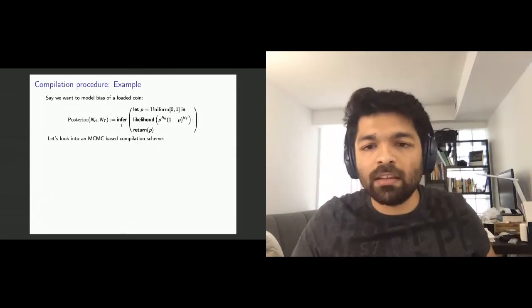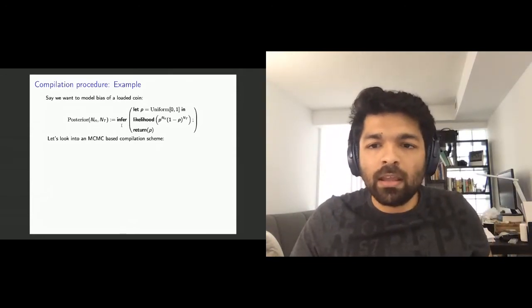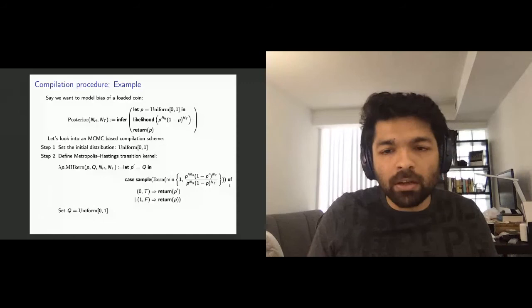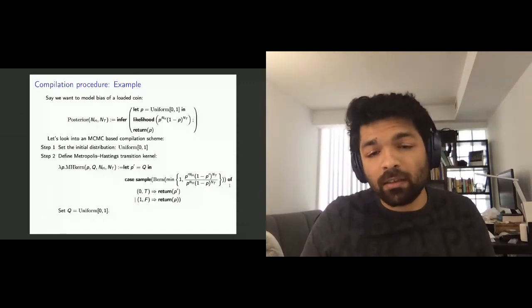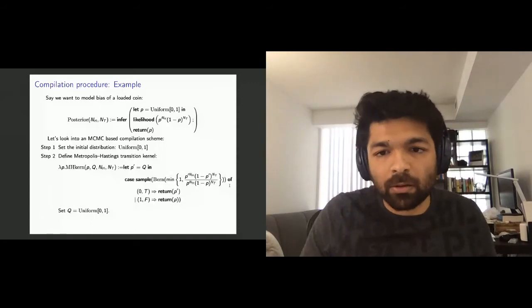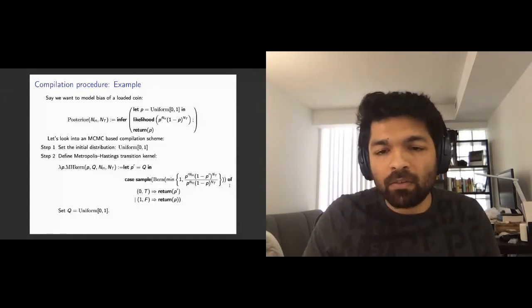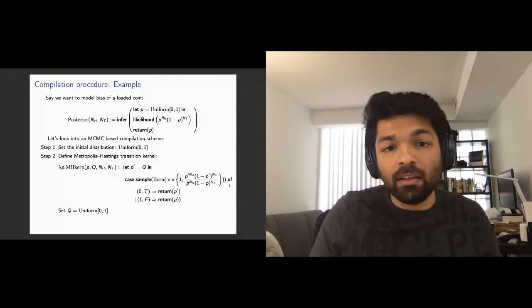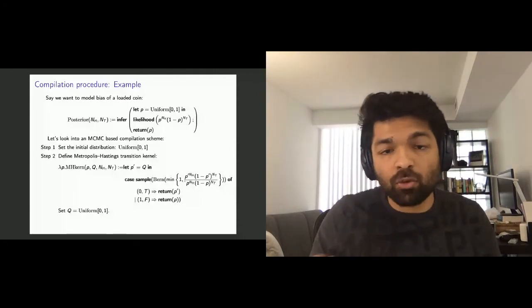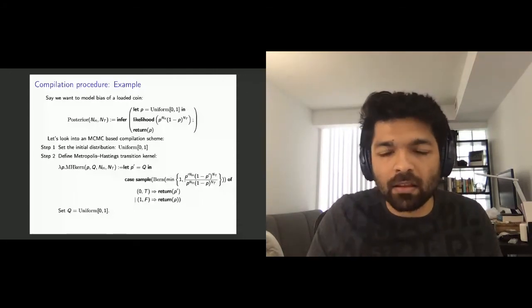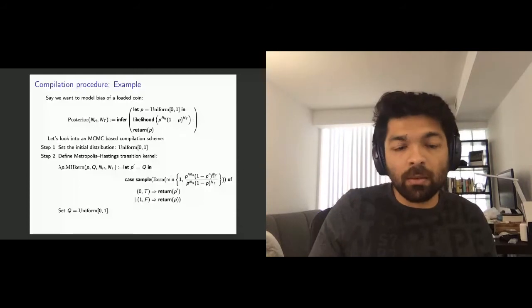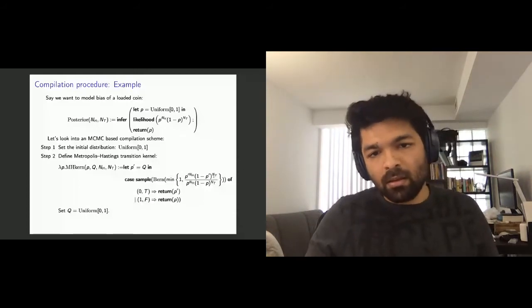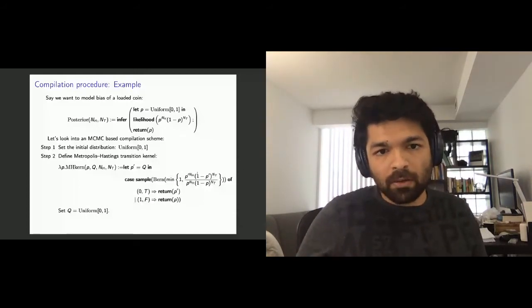And the main detail that goes in is, with what probability do I accept or reject this proposal? This proposal in our example is accepted or rejected with this particular probability, which is designed such that it leaves the true posterior invariant. This particular scheme is how most of these probabilistic languages essentially compute Metropolis-Hastings based approximations.